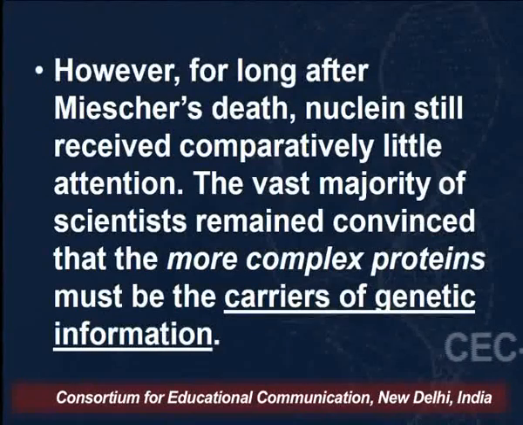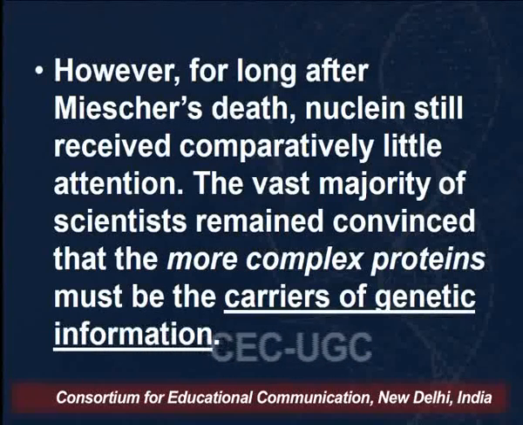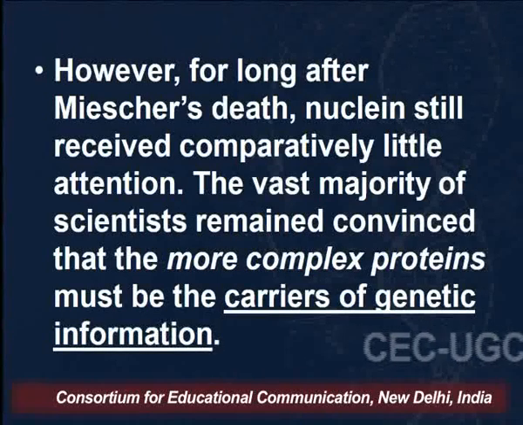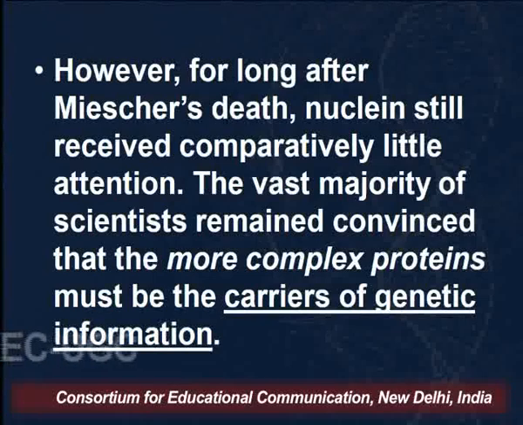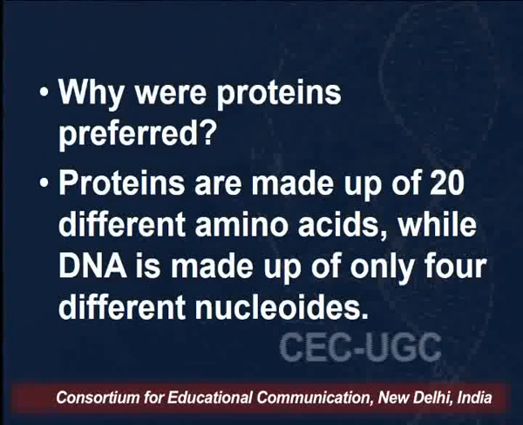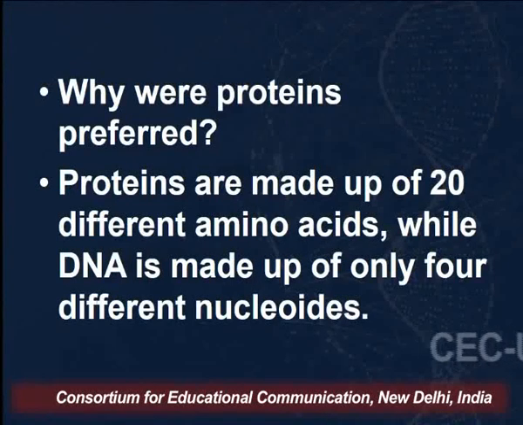However, for long after Miescher's death, nuclein still received comparatively little attention. The vast majority of scientists remained convinced that more complex proteins must be the carriers of genetic information. Why were proteins preferred?